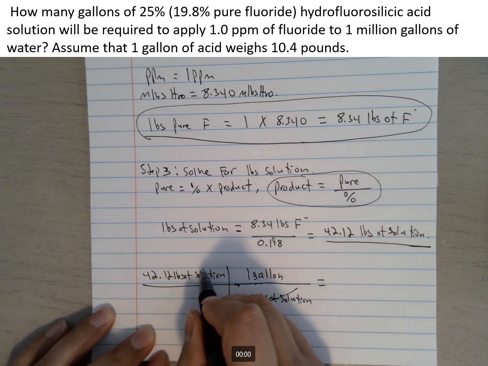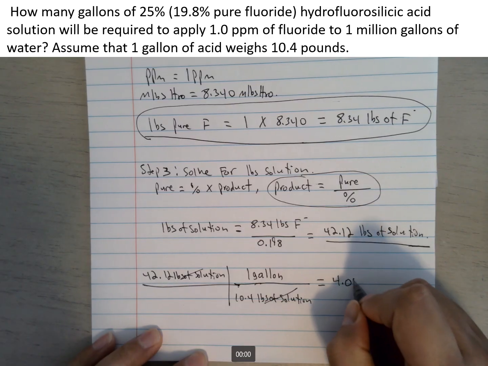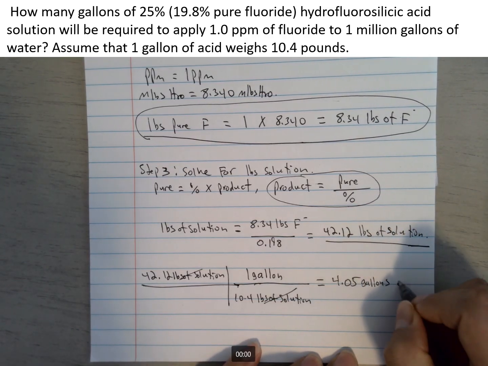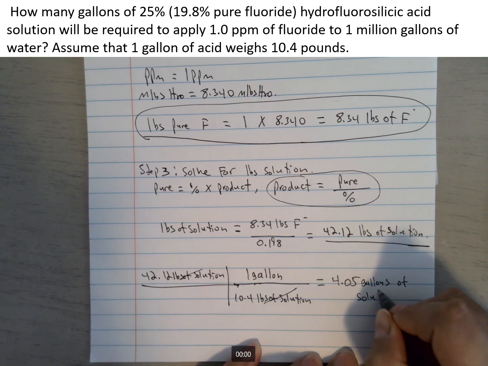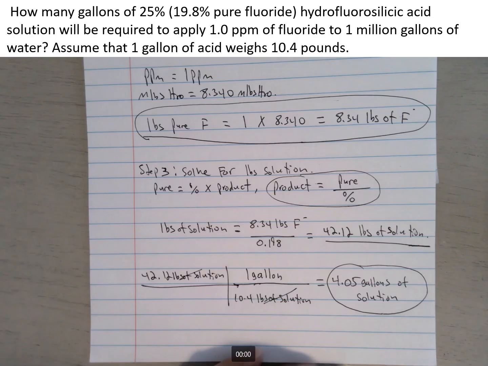Pounds of solution cancel out. We're left with gallons of solution: 4.05 gallons of solution. And we have solved our problem.